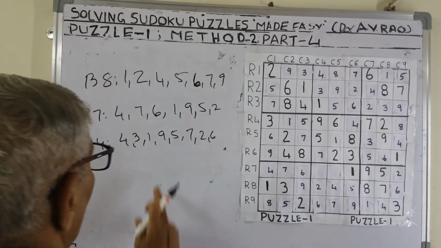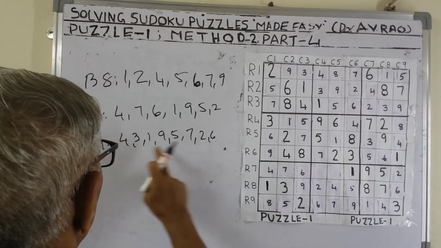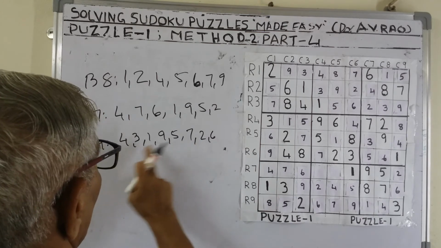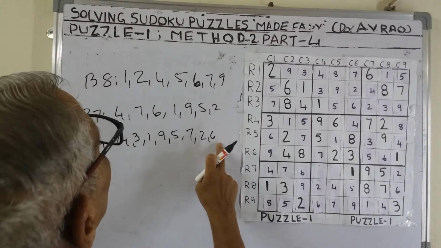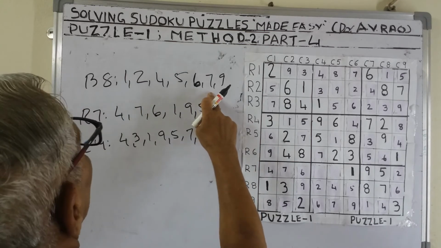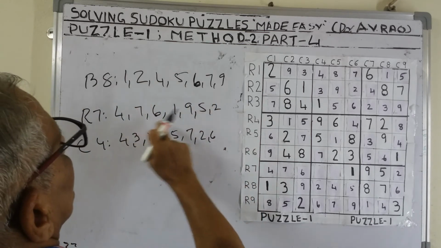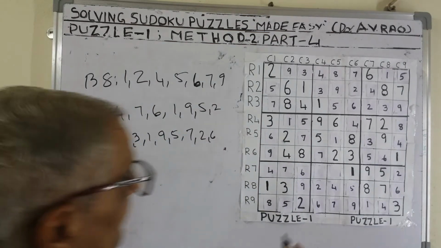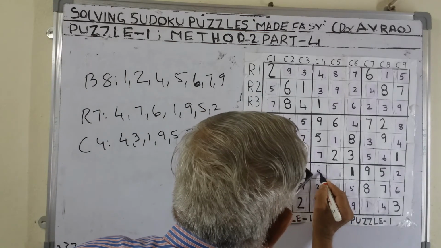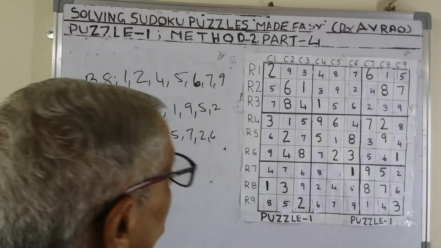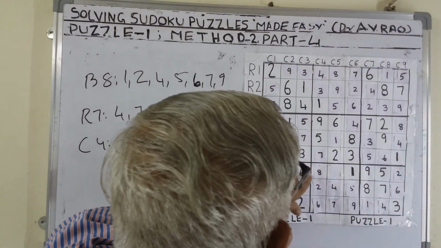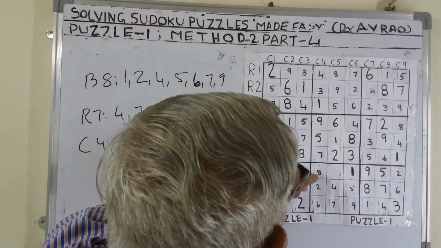So let us say 1 is there, 2 is there, 3 is there, 4 is there, 5 is there, 6 is there, 7 is there, 9 is there. So 8 we have to fill up. Otherwise it is a cross check. Already we have to fill these two with 8 and 3. Already 3 is there, so naturally 8 will come here.